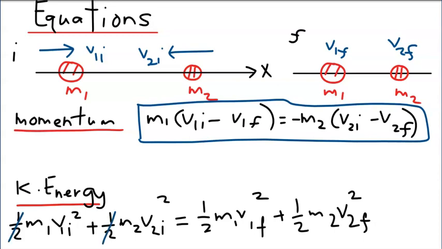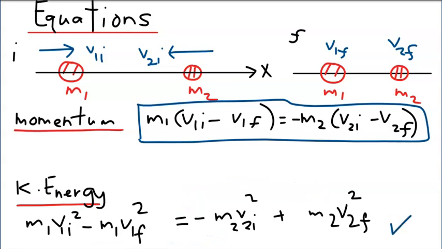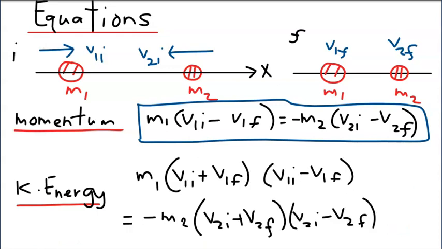Note all the terms have a half, so that half goes away. Now I can move this term to the left and that term to the right, resulting in the following line. Now I can factorize the left-hand side and right-hand side according to the following, which will give us a neater version of the equation.